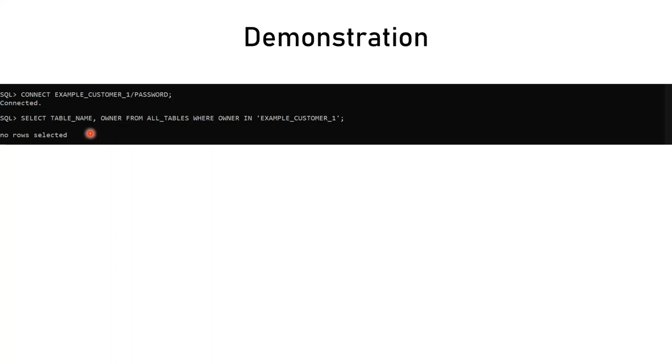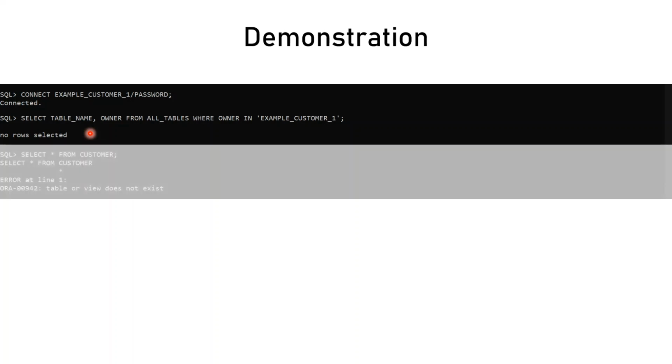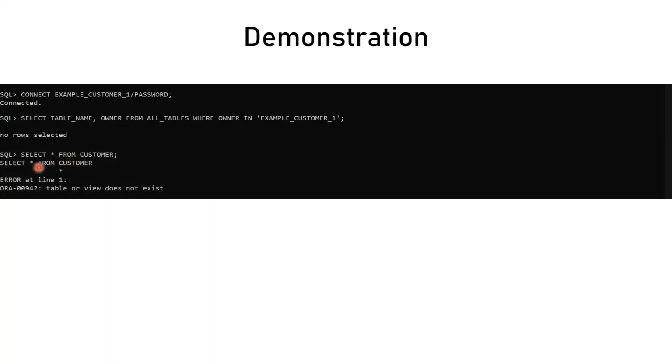So let's see what happens when we write something like this. As you can see, we have tried to view the entries present in the customer table, but we got an error that says that we do not have this table or view. What this means is that we are trying to access a table that is not present under the user customer.